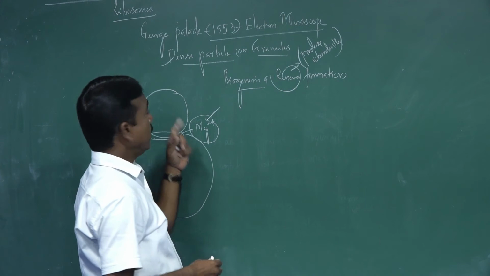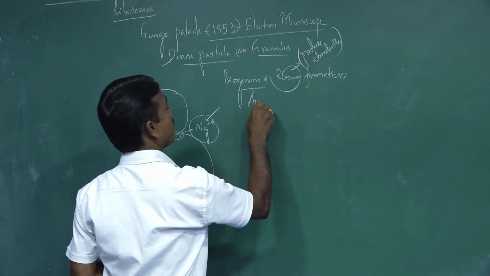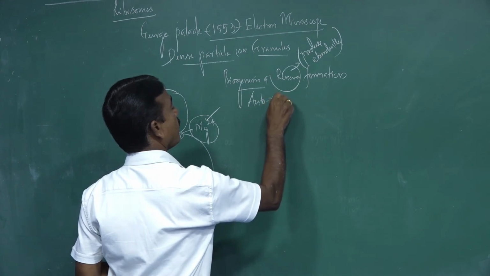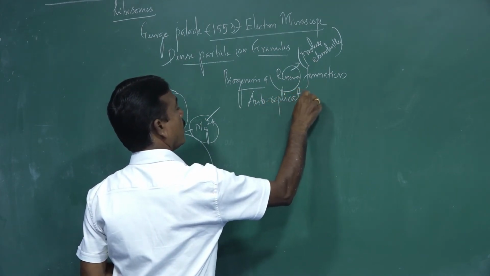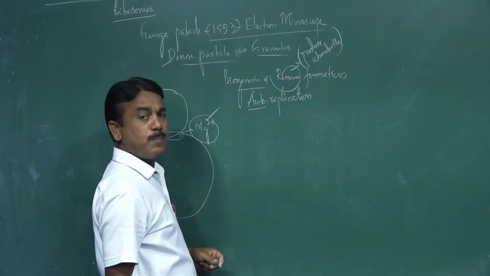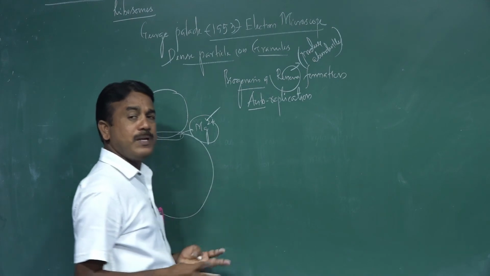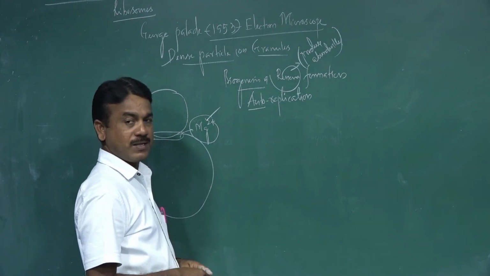In addition, the ribosome undergoes auto-replication. Auto means on its own, replication means reproduce. So it produces copies by itself.